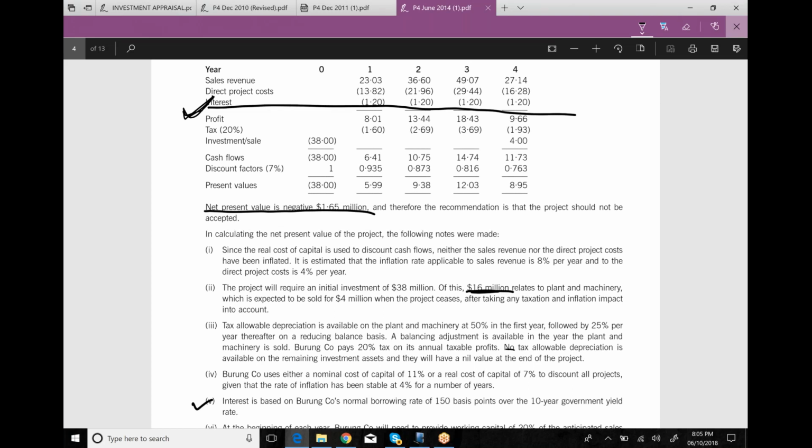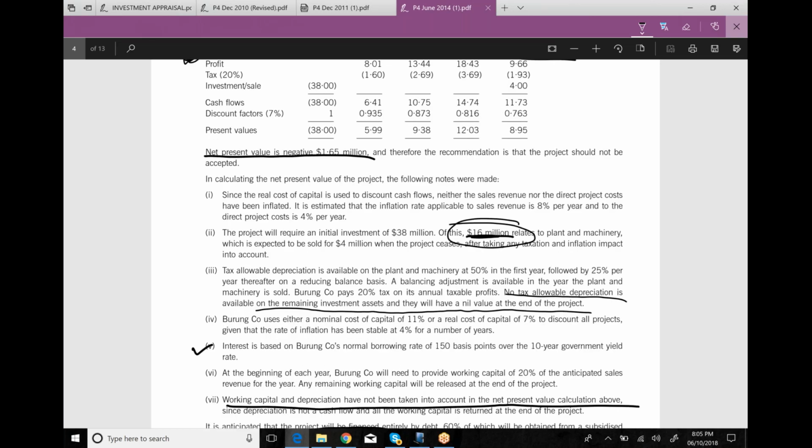Burung company uses either a nominal cost of capital of 11% or a real cost of capital of 7% to discount all projects, given that the rate of inflation has been stable at 4% for a number of years. Now, can I say that this point is irrelevant for me? Why? Because I have to compute APV. First of all, I will compute base case NPV. In base case NPV, you will use KE as a discount factor.